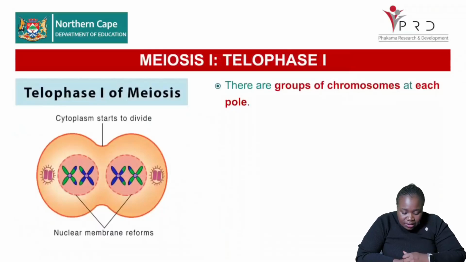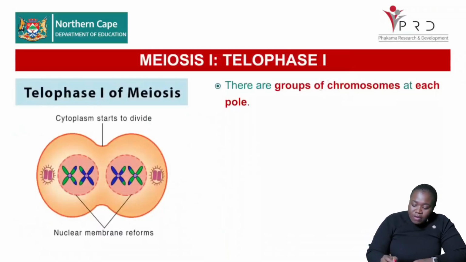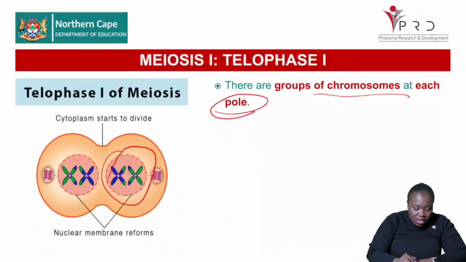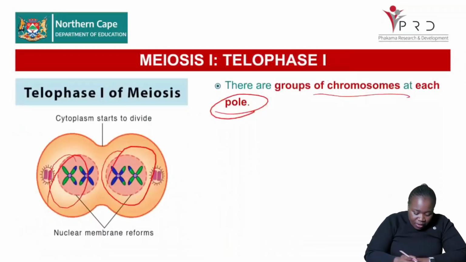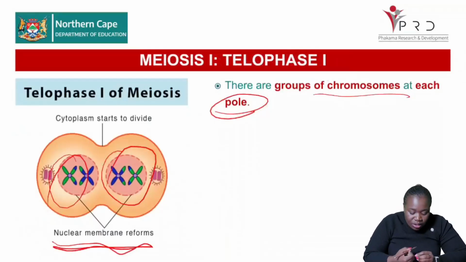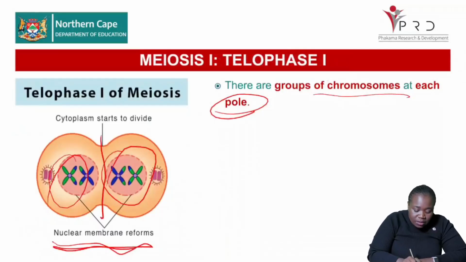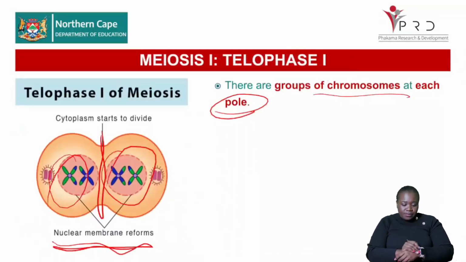Okay, the last phase here, we are looking at telophase 1. Here now we have a group of chromosomes on each pole. We have the chromosomes on the left and the chromosomes on the right. The nuclear membrane is going to start to show up again. It's going to reform, and then the cytoplasm will start to divide, right?